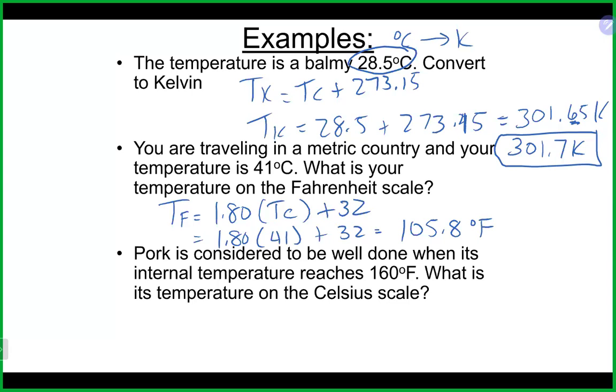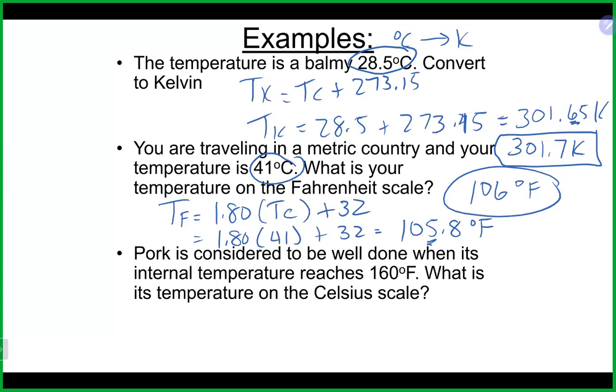Everybody might follow something different depending on what conversion they use. So once again here, we're just going to look at the original number. That is a whole number in this case, which means we would round this to a whole number, so we would round up to 106 degrees Fahrenheit. Any questions on that one there?